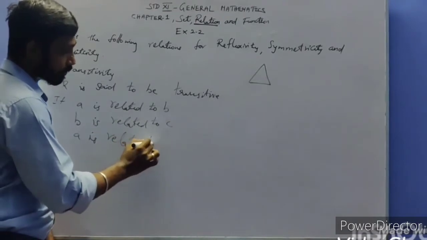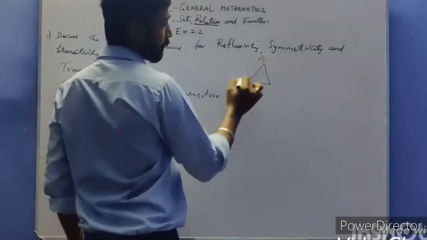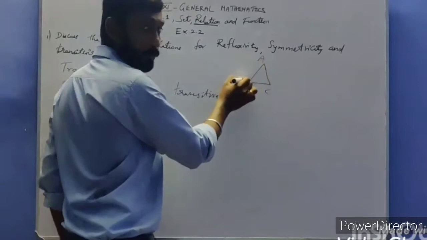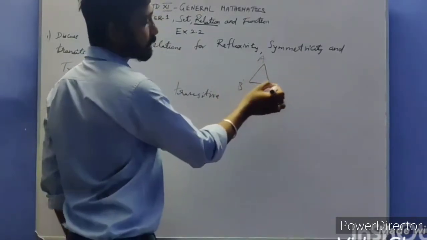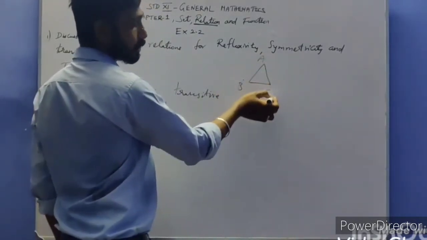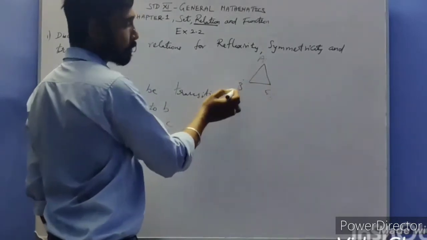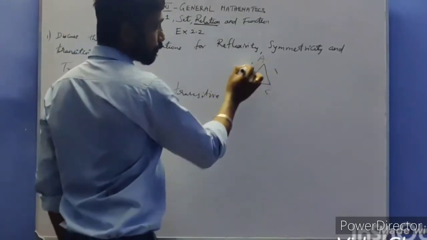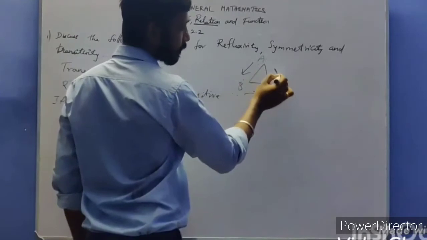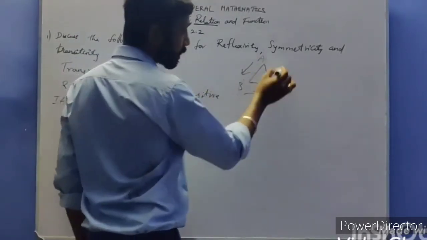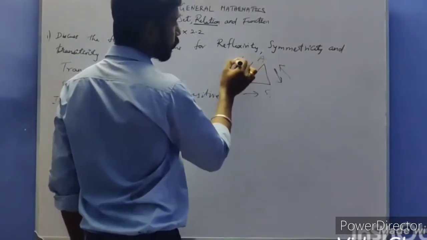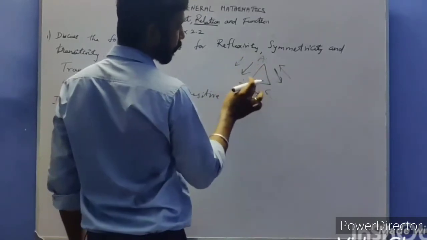A is related to C, like this, A, B, C. A is related to B, B is related to C, C is related to A, or A is related to C, C is related to B, B is related to A. If you are going anti-clockwise or clockwise, it is the same relation only.